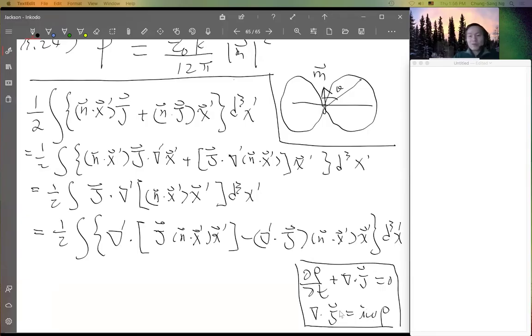Now we do the same thing. So divergence of J, substitute it as i omega rho here. So that will give you only the second term, which is minus i omega over 2, and you have this term: rho times x prime and then N dot x prime, d cubed x prime.